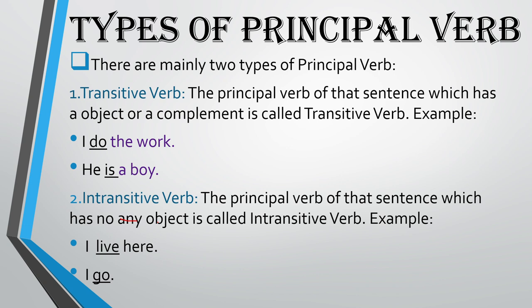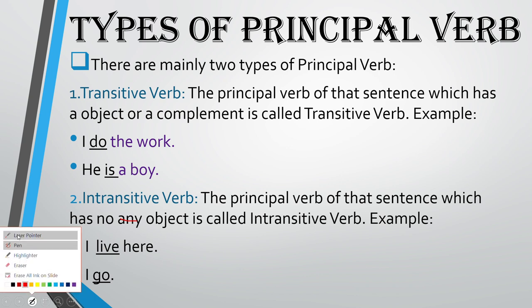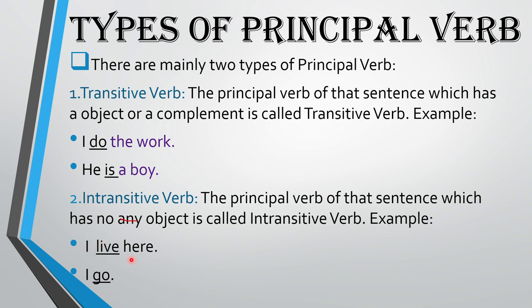So a verb which does not have an object is called an intransitive verb. This is very simple. If we see the example, "I live here", then in our mind there is a question: is "here" not an object? No, it is an adverb. An object is a noun, but here it is an adverb.